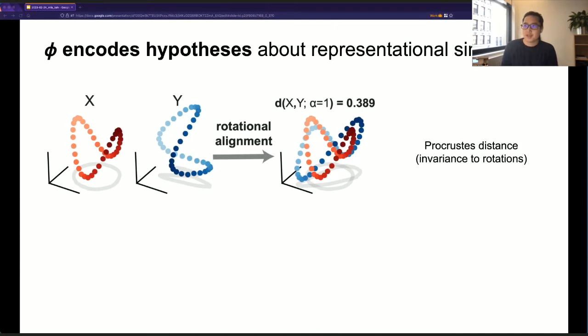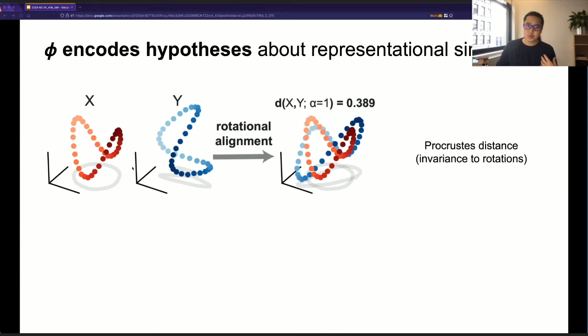For instance, if I don't do anything and the dimensionalities match, and I just define my nuisance transformation group as rotations, and then I align, then this produces a Procrustes distance, or what is classically known in the shape statistics literature.